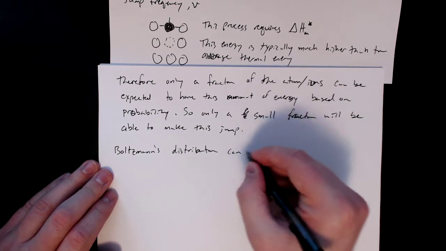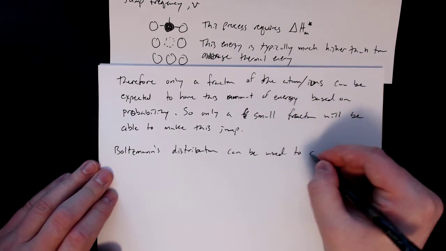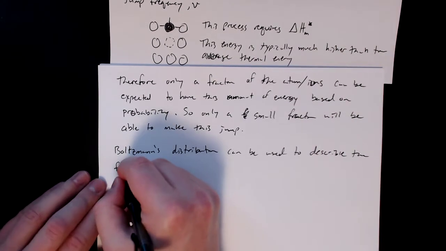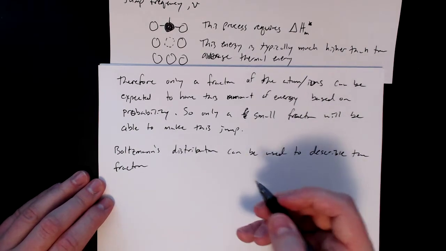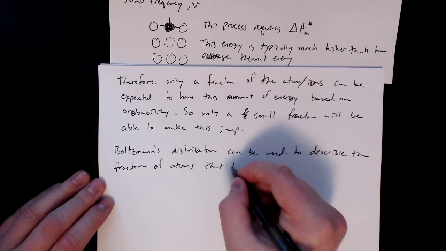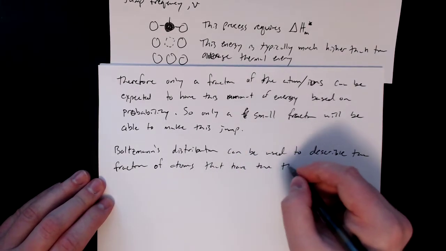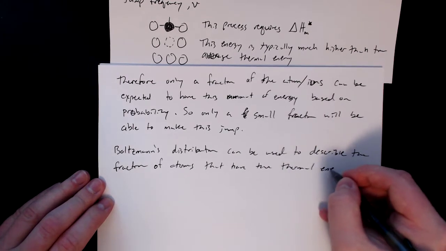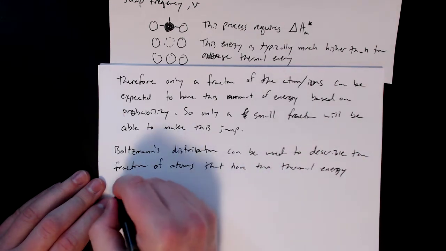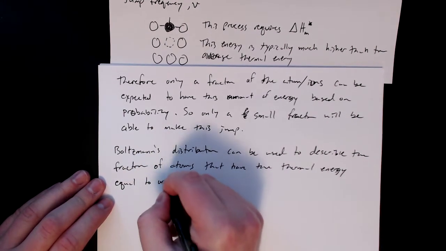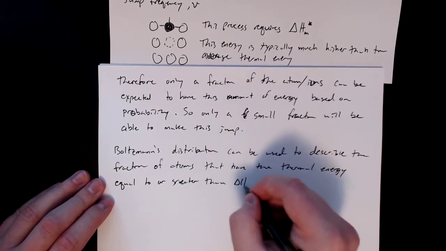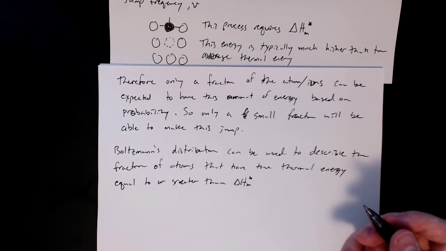And it can be used to describe the fraction of atoms or ions that have the thermal energy equal to or greater than delta H m star, our kind of critical value.